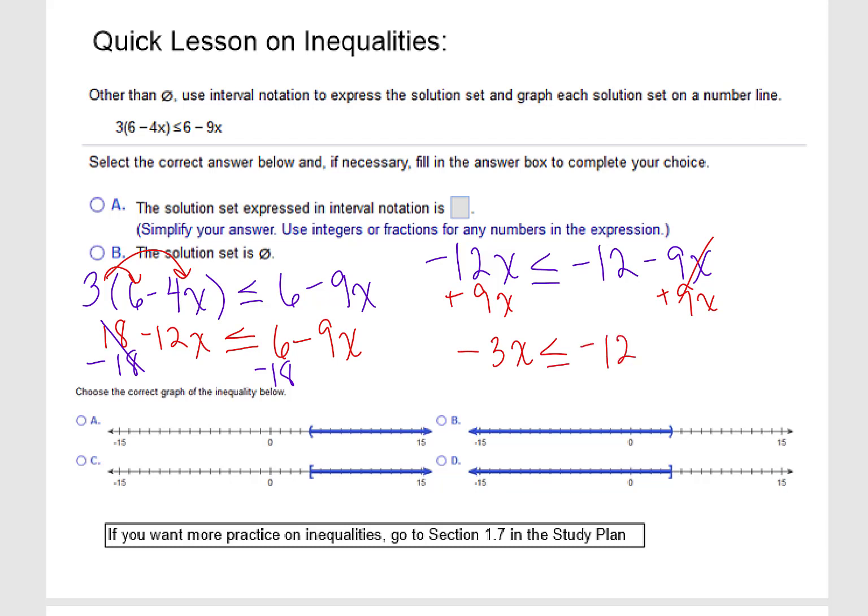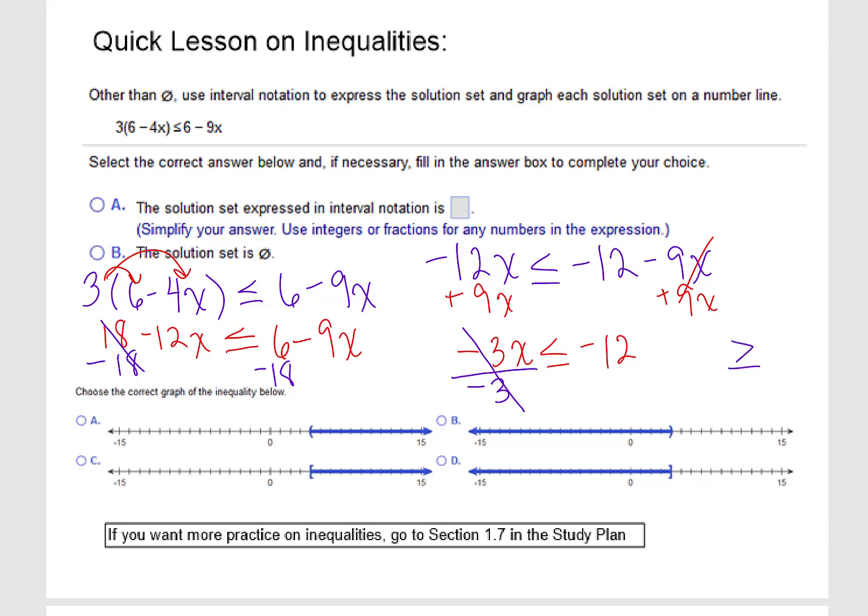Here's where the difference comes, the only difference comes between solving equations and solving inequalities. You always approach them the exact same way. You simplify both sides. You try to get your variable term to one side, constants on the other. If at this point you have to divide or multiply by a negative, the moment that you do that, because I said negative 3 divided by negative 3, my sign flips.